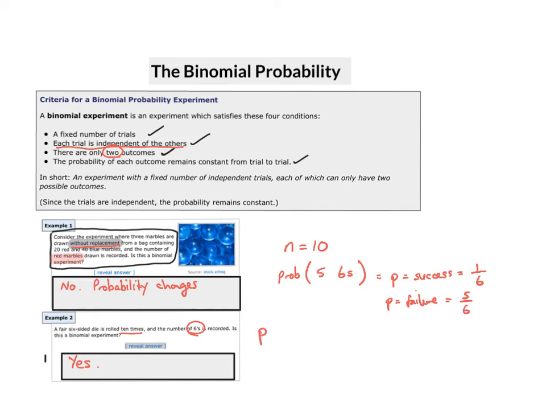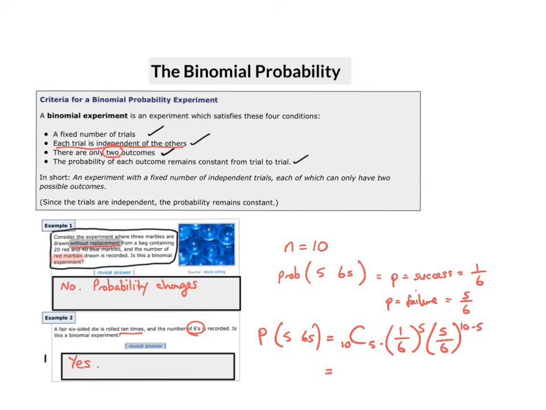So the probability of 5 sixes equals 10 choose 5 times the probability of the 6 to the power 5 and the probability of not being a 6 to the 10 minus 5.